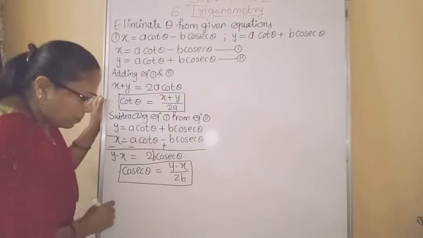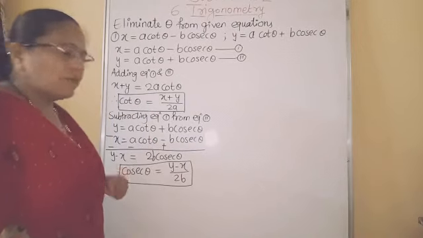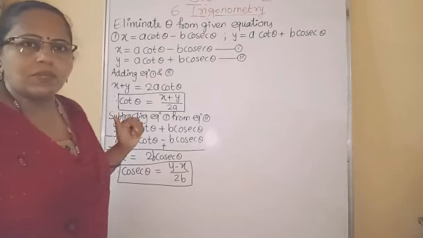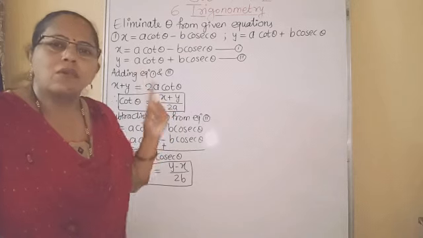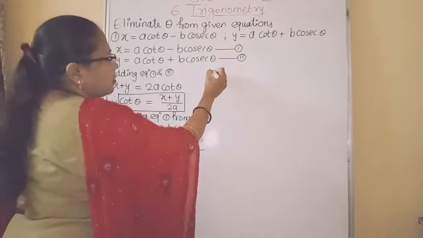Okay. Now we have the values of cot theta and cosec theta. So we will use the identity which has cot and cosec. Which identity will we use? Correct. 1 plus cot square theta is equal to cosec square theta.